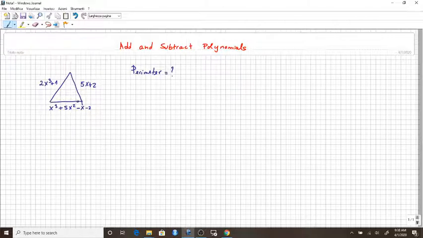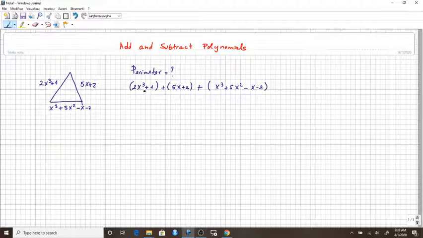How are we going to find the perimeter of this road sign? Well, by definition, perimeter means adding up the lengths of the three sides, so we just need to add up the first side, 2x cubed plus 1, with 5x plus 2, and then plus the third side, which is x cubed plus 5x squared minus x minus 2.